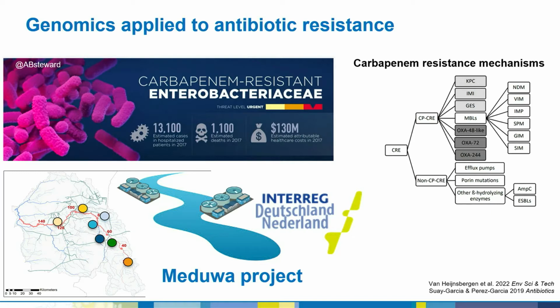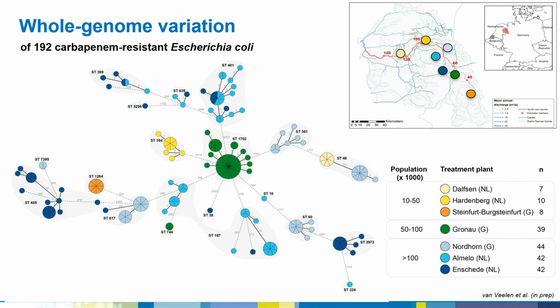There are many different genes involved that confer these bacteria with this resistance against carbapenem-like antibiotics. So while doing that, we characterized the full genome and compared all these 192 different E. coli to each other, and then we found out that there was a lot of variation.